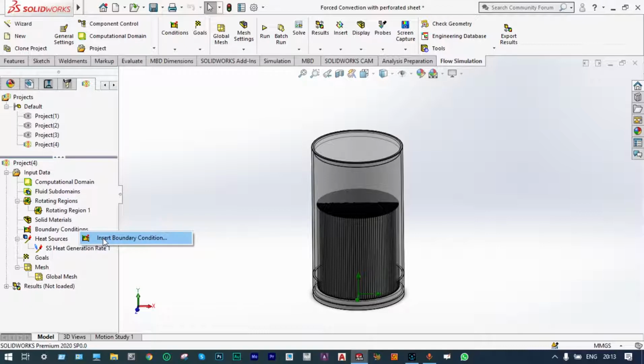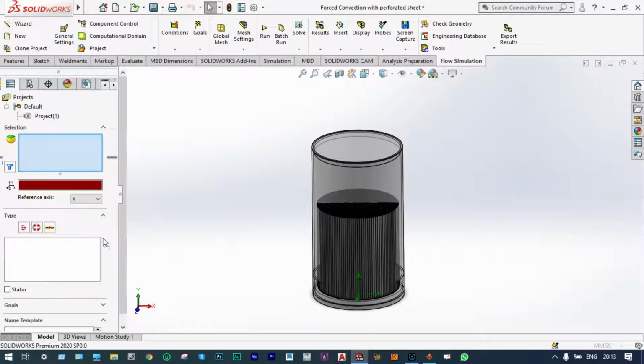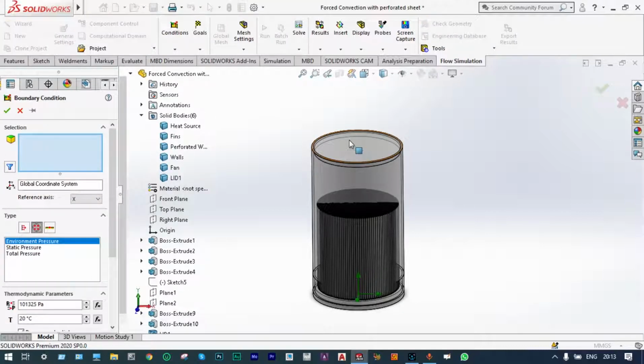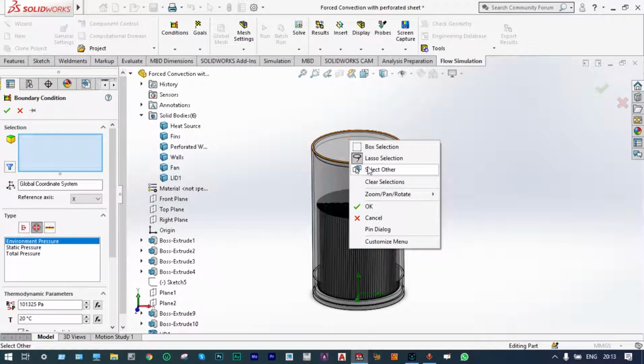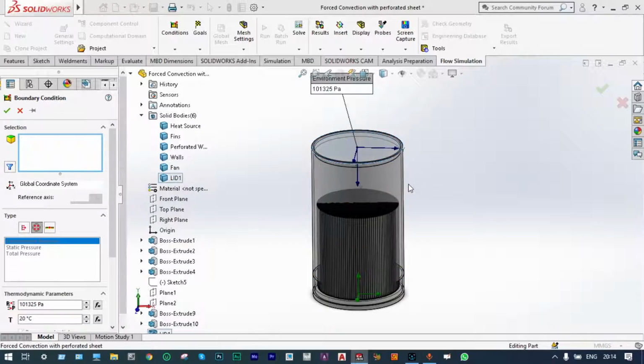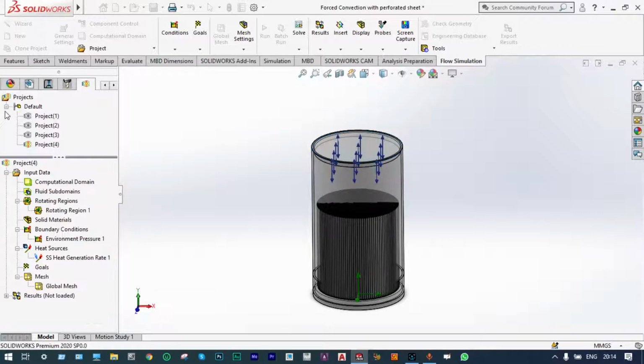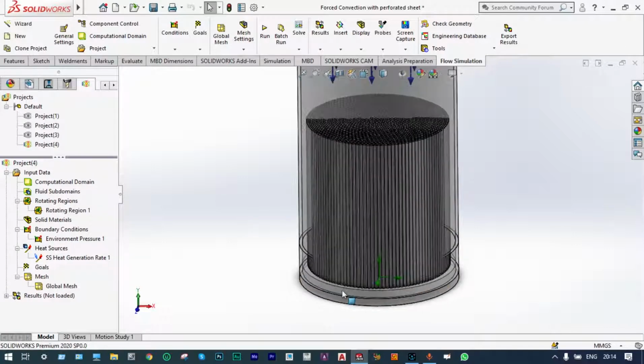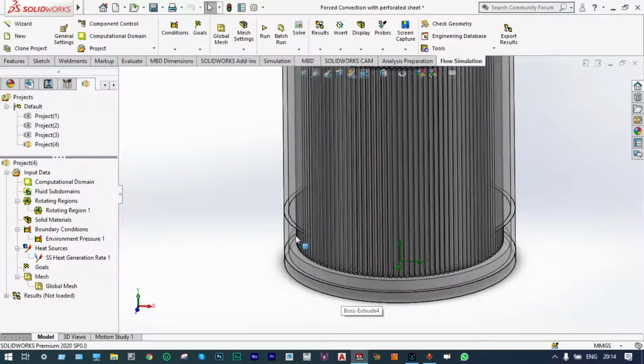Insert boundary conditions. It will be environmental pressure at the top lid. Select other. It will be first lid number 1, and we are providing environmental pressure at the top lid. Green check. And for the perforated sheets, again we have to provide that atmospheric pressure inside.